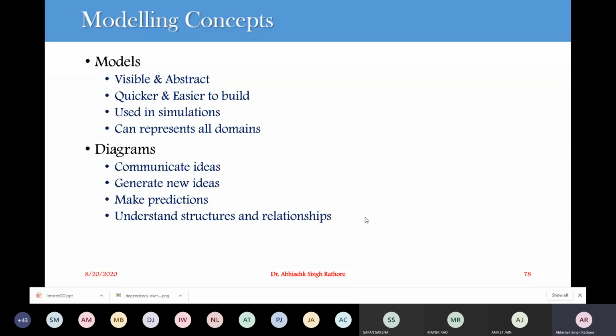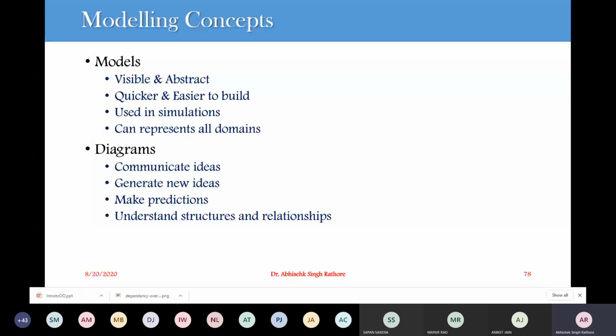So what are models? We'll start with the definition of a model. These models are abstract in nature, as well as visible in all the phases of our software development.